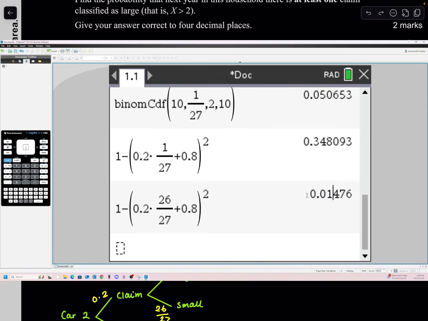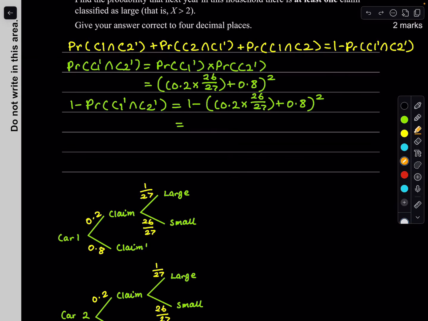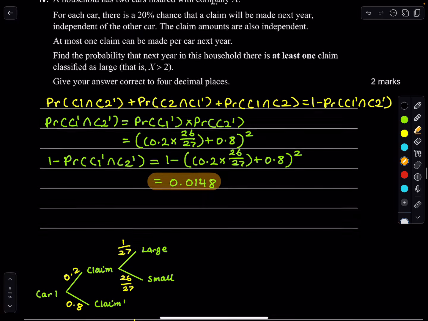So to 4 decimal places, it's 0.0148. Let me write that down. That's a hard question. Like, it's not hard, but it just breaks your head. 0.0148, that looks nice. Not too sure actually, still though.